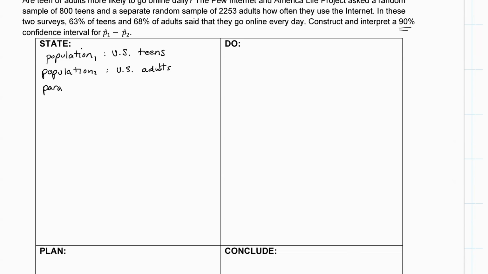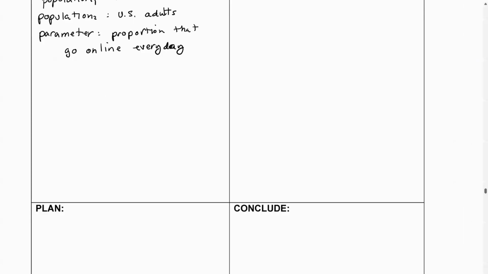Parameter of interest: we're interested in both groups, the proportion that go online every day. So describe the populations that we want to compare and how we're measuring them.